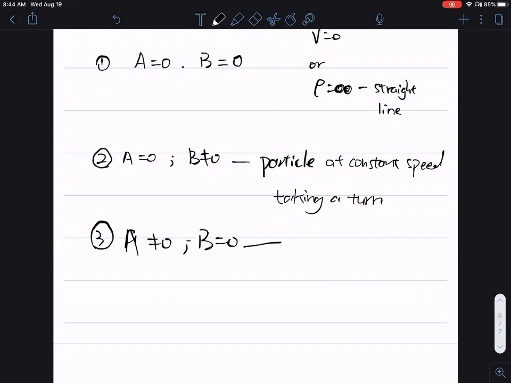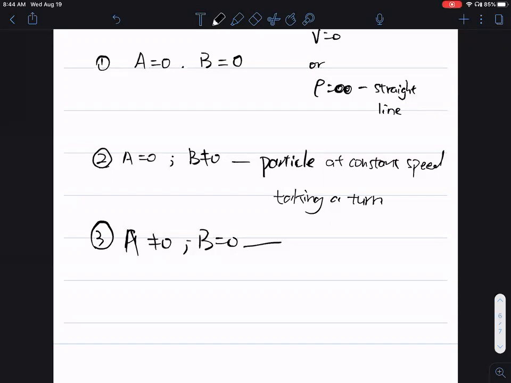So what is going on when A is non-zero, B is 0? Hunter? So the particle is accelerating in a straight line.